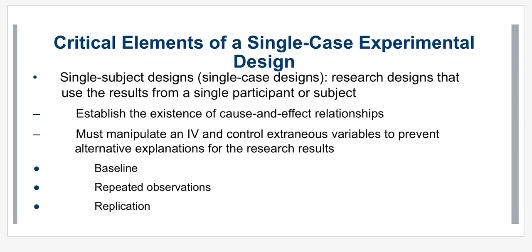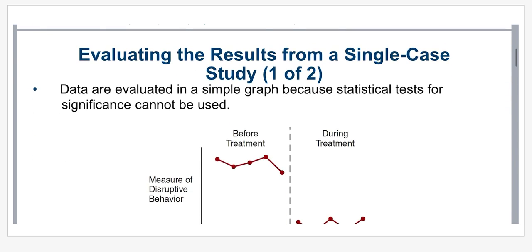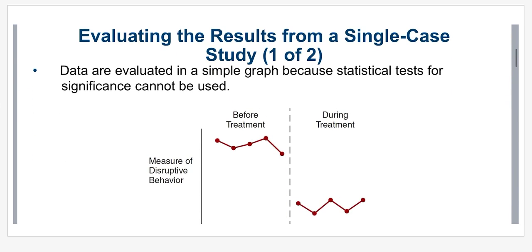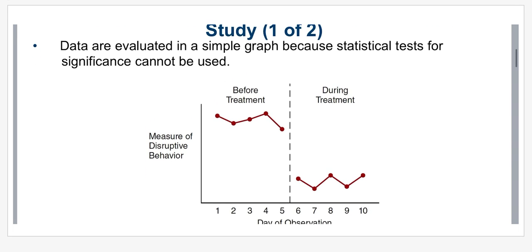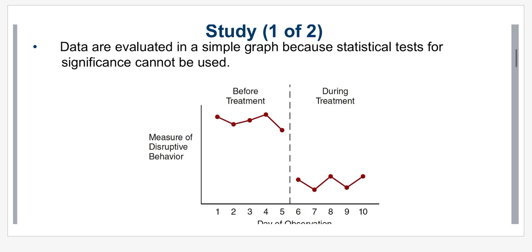So what does this look like? What do the results look like for a single case experimental design? You don't really get data, like a group of scores, to do statistical analysis on, right? Because you don't have more than one participant. You only have the one participant.